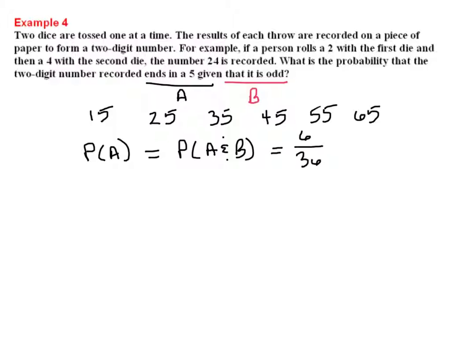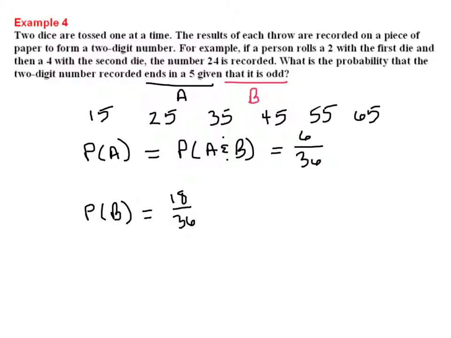Now, the probability of B happening, how many odd numbers could be rolled? Well, when looking at the sample set, half of the numbers being rolled could be odd. So that will be 18 out of the 36 numbers.